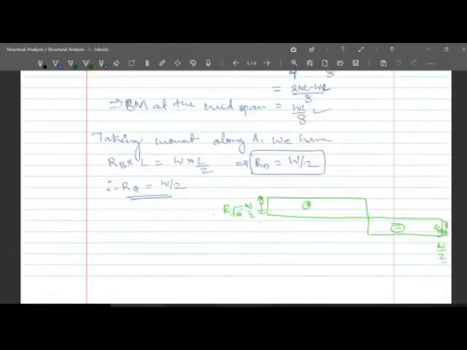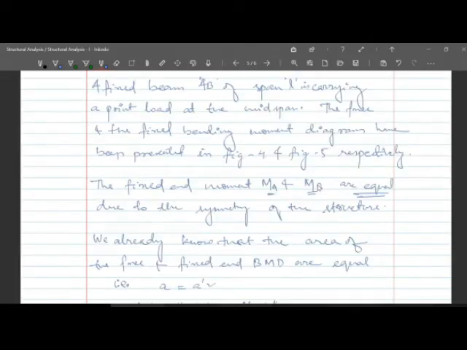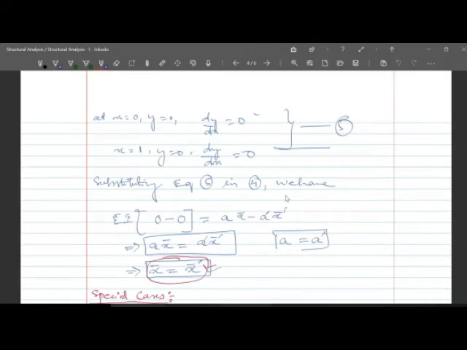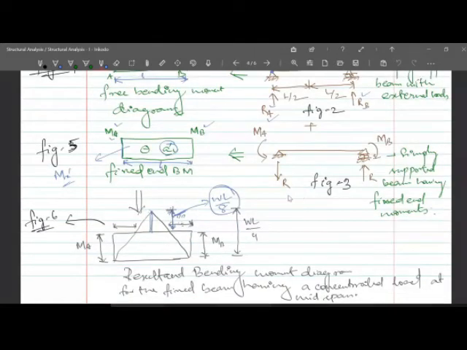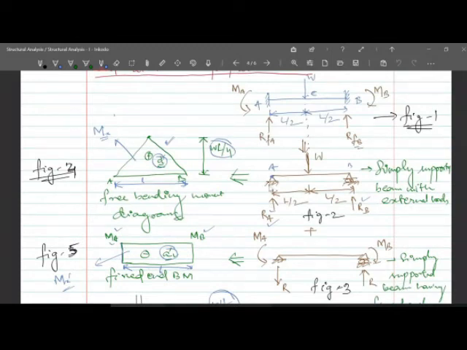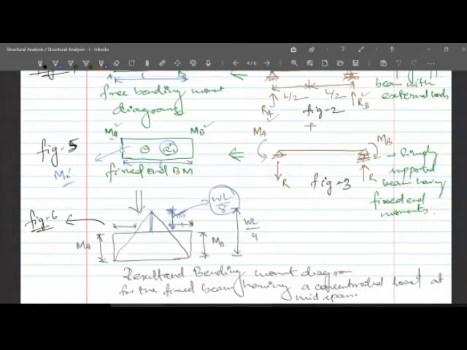See, this one is w/2, if I'm considering a distance x from the support, let's say this distance. So it is w/2 into x minus, and here we have the moment, minus wl/8, this one.